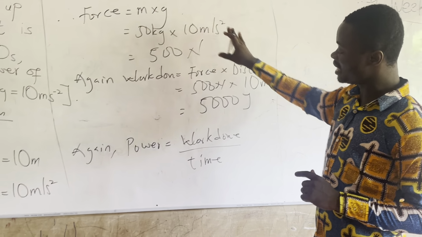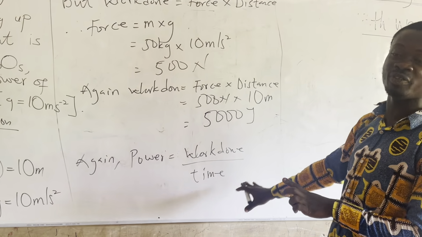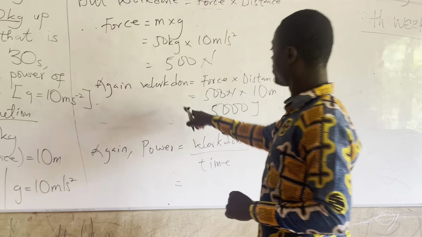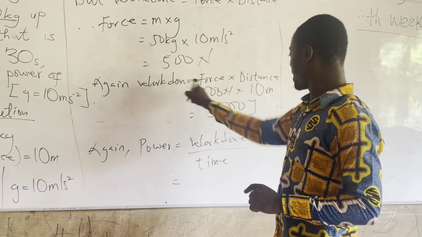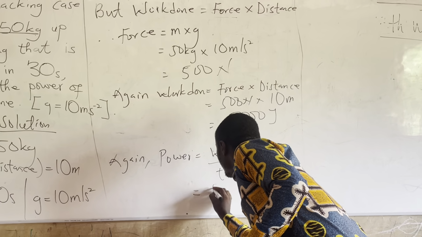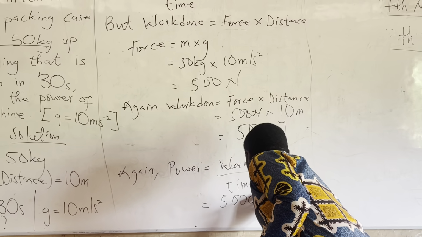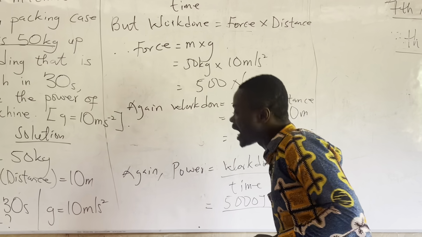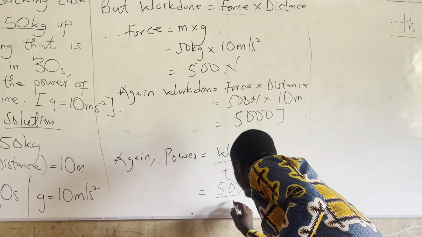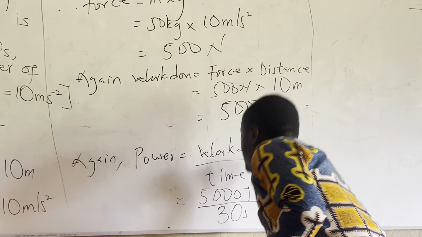Since we have work done here, let's just substitute it straight into the formula and get our answer. So power will be equal to, from what we just saw, work done is 5,000 joules. So we substitute into the formula. Work done becomes 5,000 joules divided by the time. From the question, the time is 30 seconds.